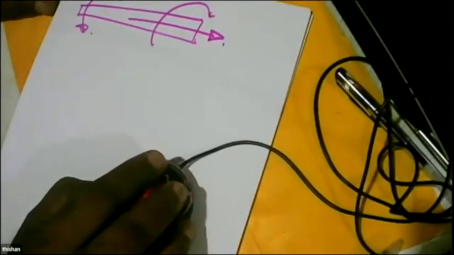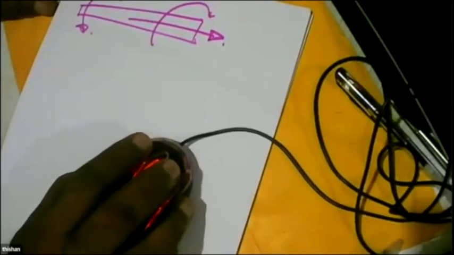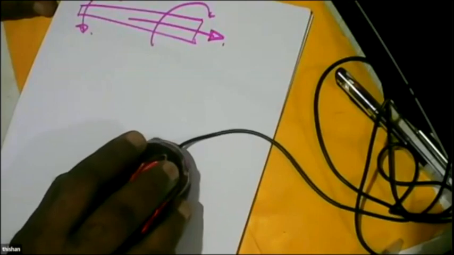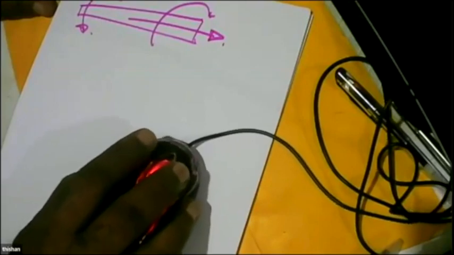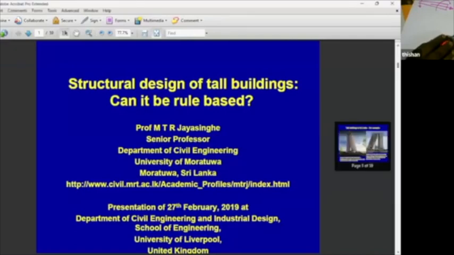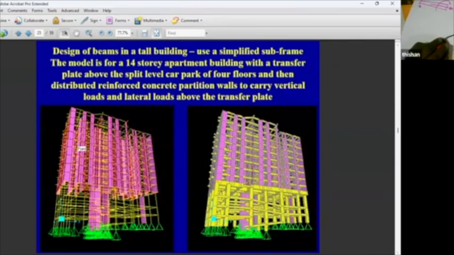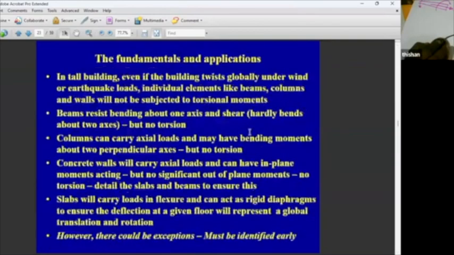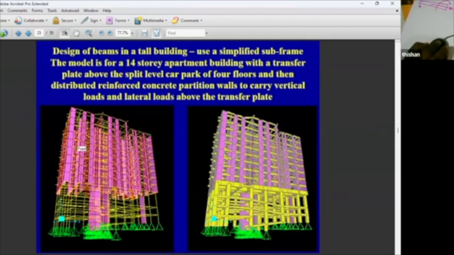I will show you a real situation where torsion can happen. This is a presentation I did some time ago. Now we look at this particular building.